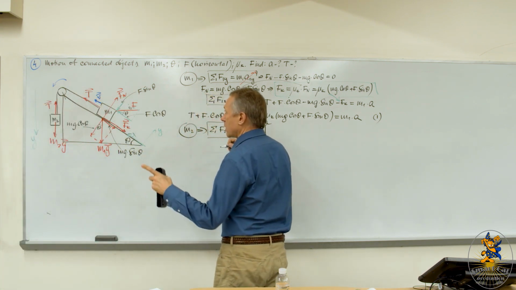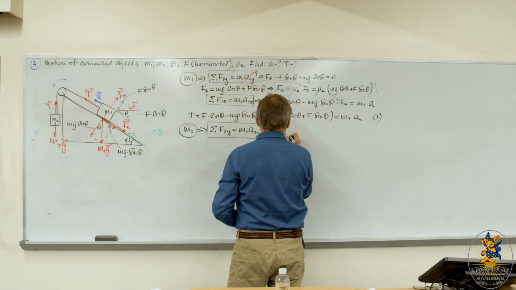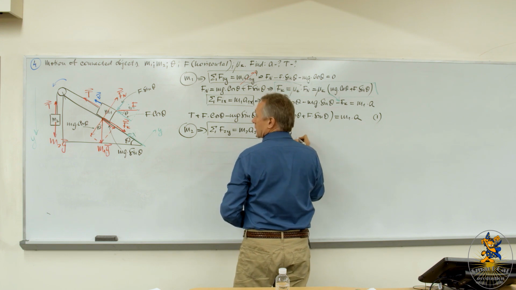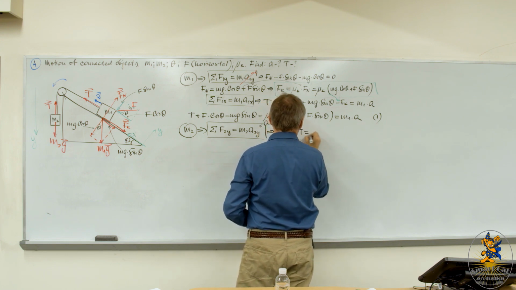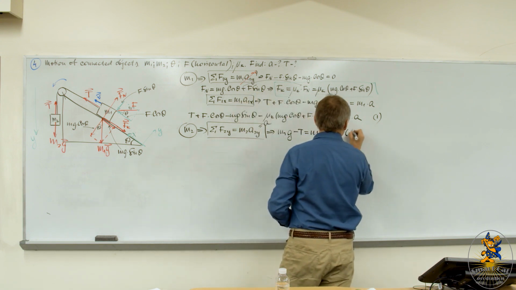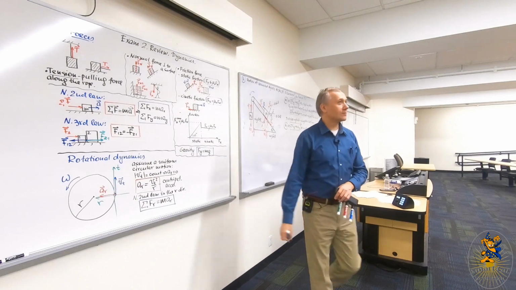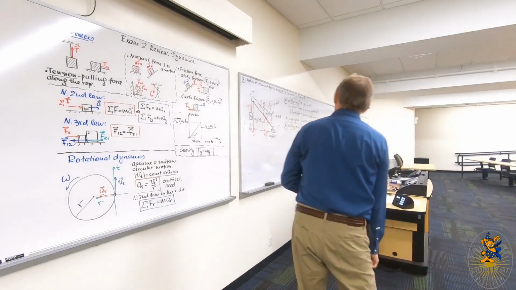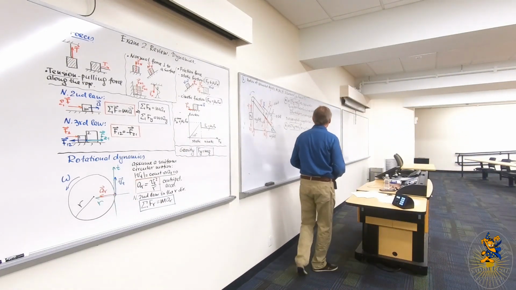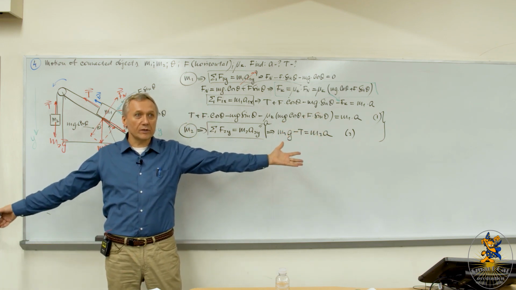So now, it's easier. M2 G minus tension equals M2 A. Okay, so that's equation number 2. And since we have two unknowns and two equations, physics is over at this point, right?